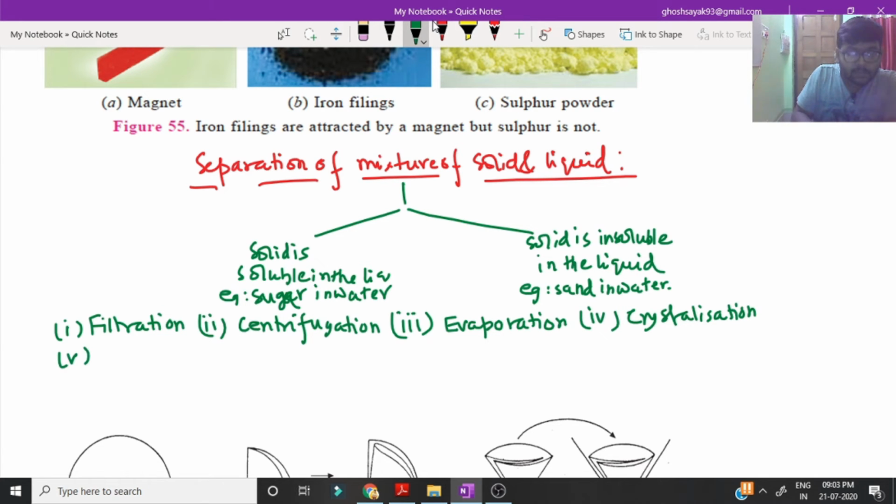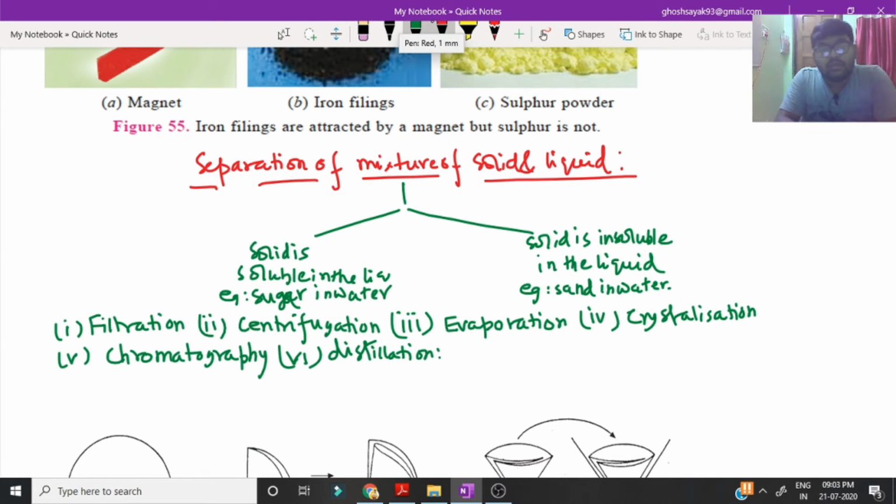Number five, chromatography. Number six, distillation. Okay, let's remove the word distillation from this list.